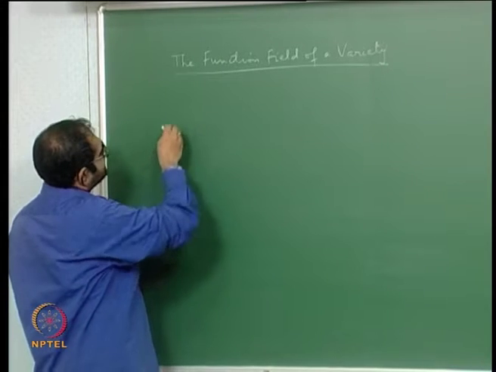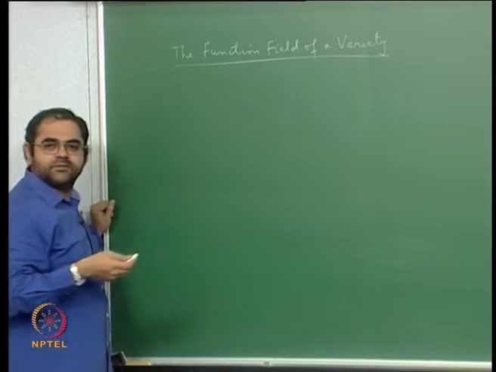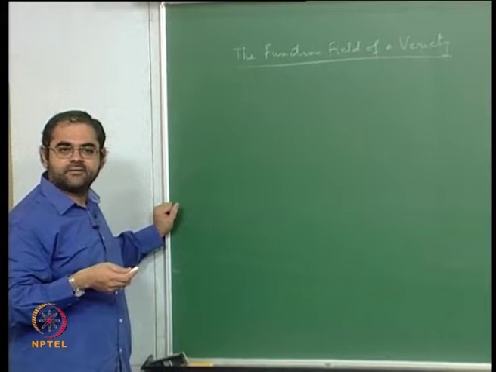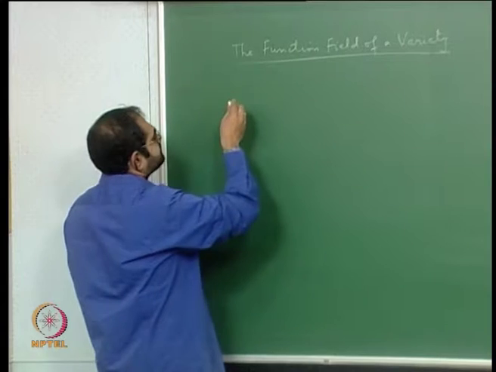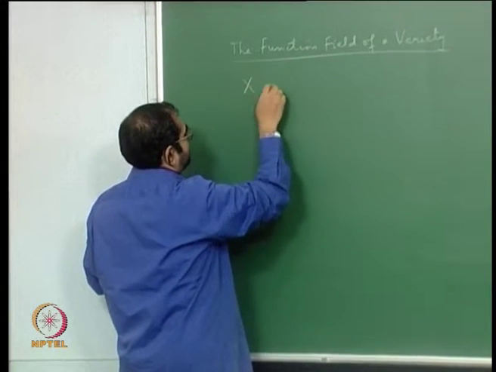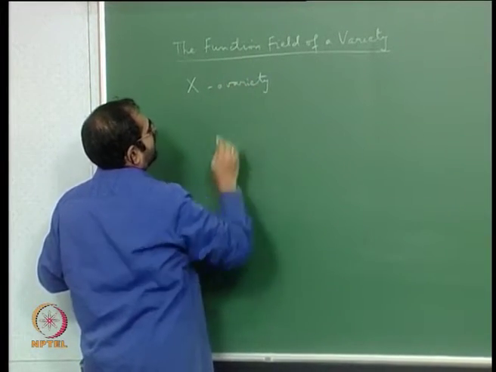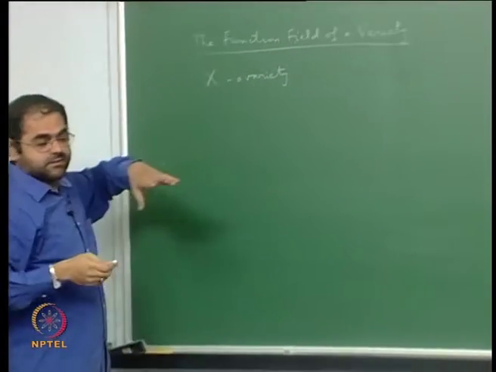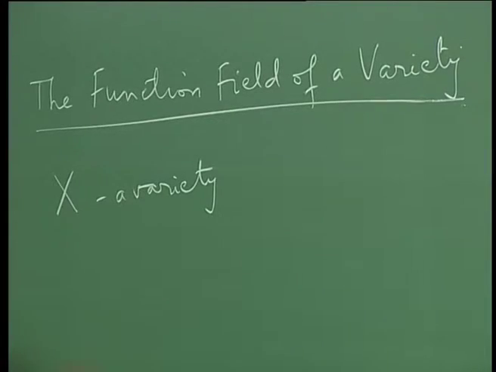So the idea is very similar to the way in which we got the local ring at a point. We start with X, a variety, which could be affine, quasi-affine, projective or quasi-projective, and we have a point.